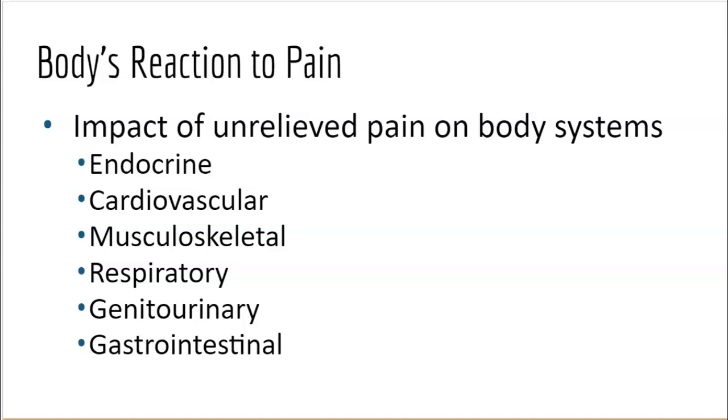How does it affect the endocrine system? So ongoing pain triggers excessive release of the hormones adrenocorticotropic hormone, cortisol, antidiuretic hormone, growth hormone, that's a hard word to say, catecholamines, and glucagon.